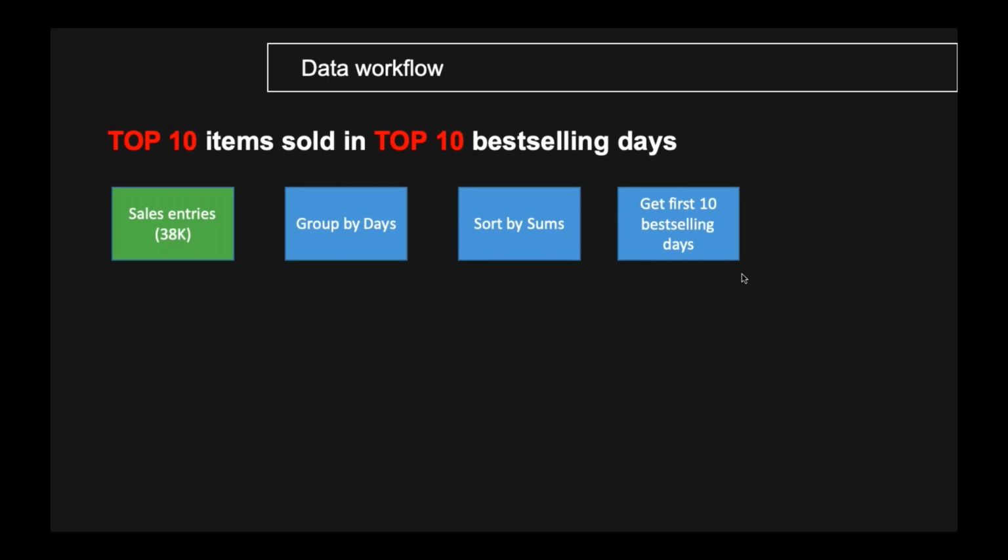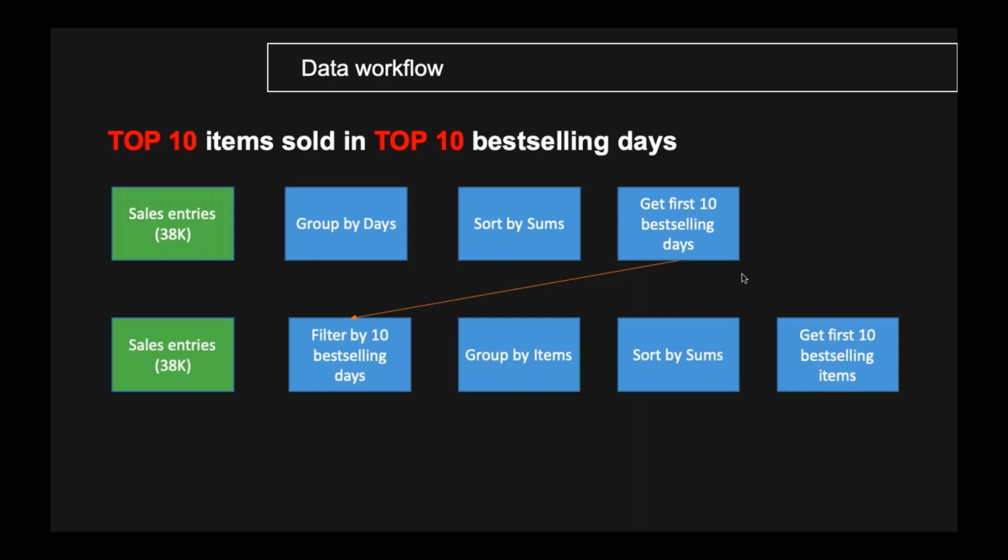We should group that by days, then sort by sum of amounts, get the first 10 best-selling days, then take this entire dataset, apply the filter of these 10 days, then group by items, sort by sums, and get the first 10 best-selling items. All right. So let's try that in AL.